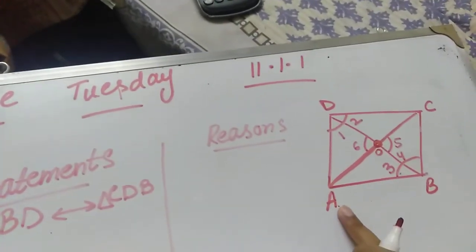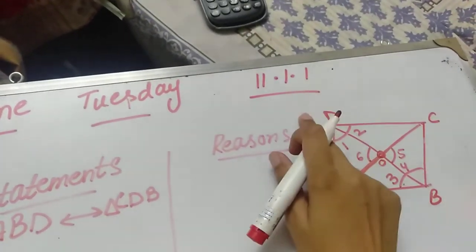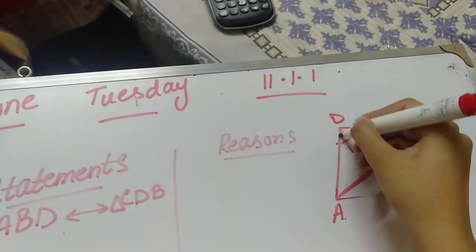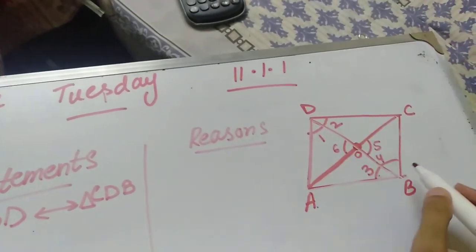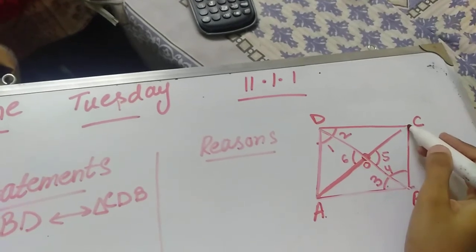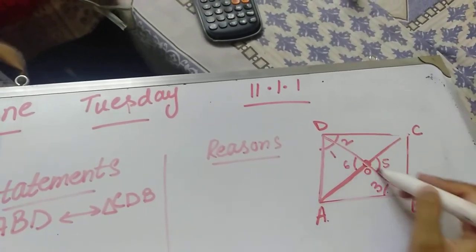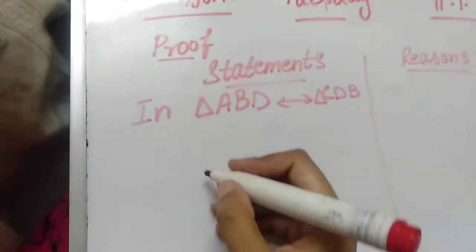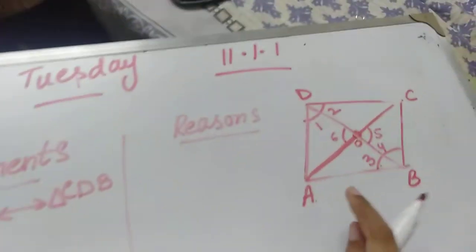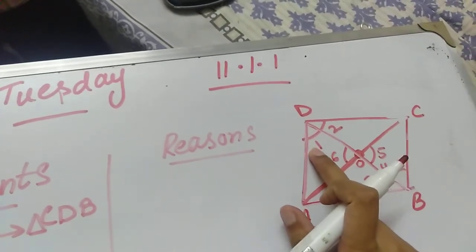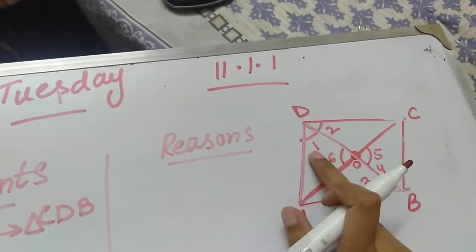This is A, B and D, the triangle I am taking first, and I am comparing it with this triangle C, D and B. In these triangles, angle 4 is congruent to angle 1. Why? Because these are alternate angles.